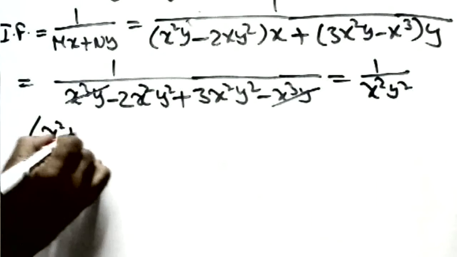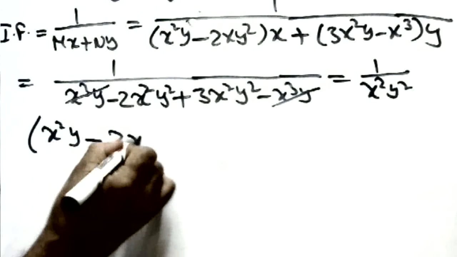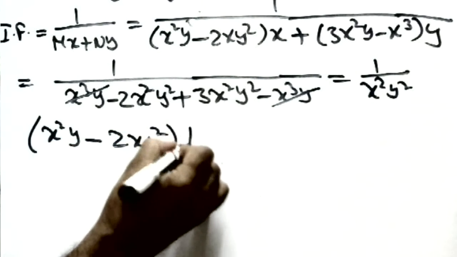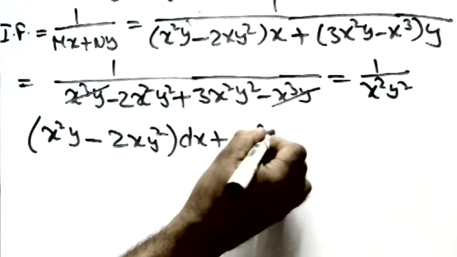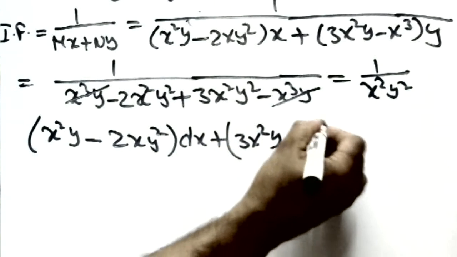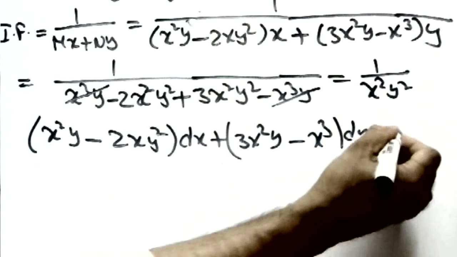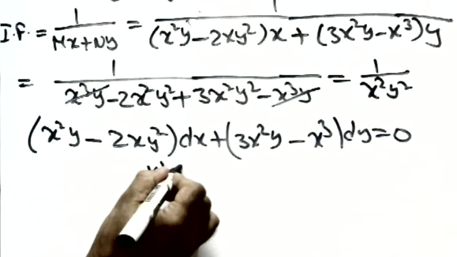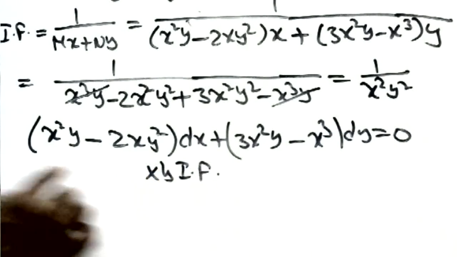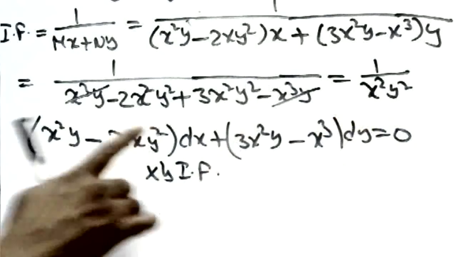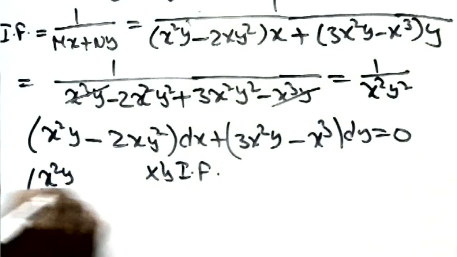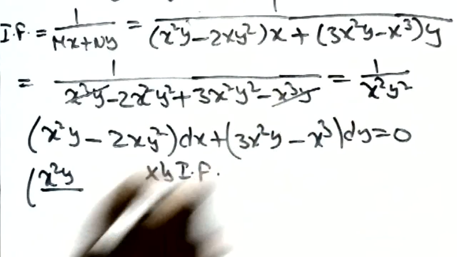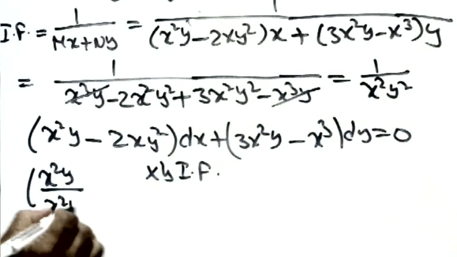Now let me see whatever we are having. The question is (x square y minus 2xy square) dx plus (3x square y minus x cube) dy equals to 0. Multiply by integral factor. So let me multiply this all with, so actually this denominator, now we'll get this in the denominator, x square y square.